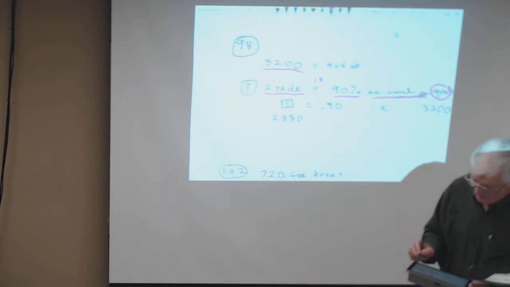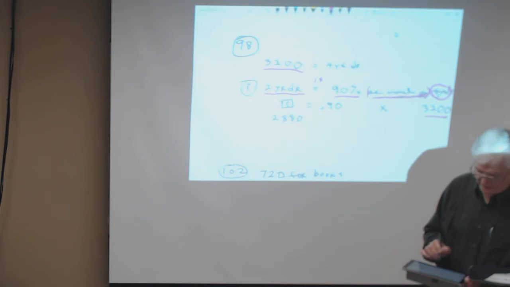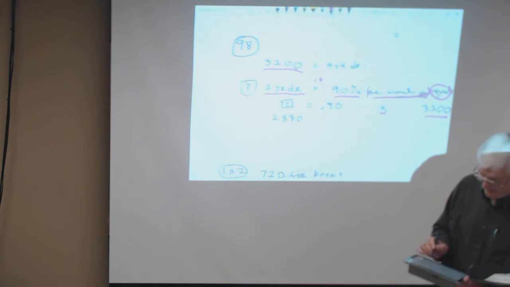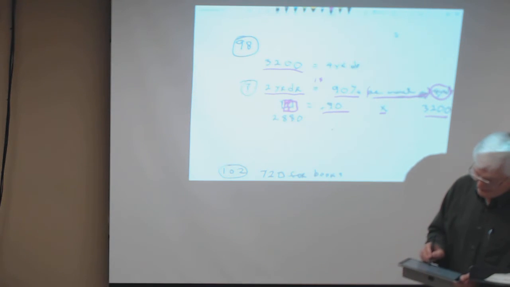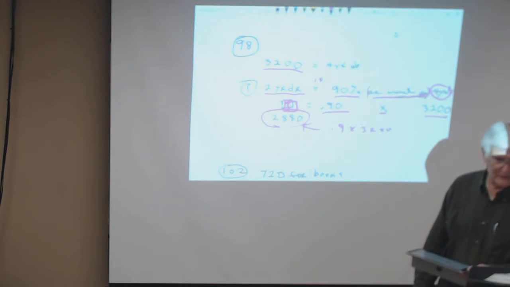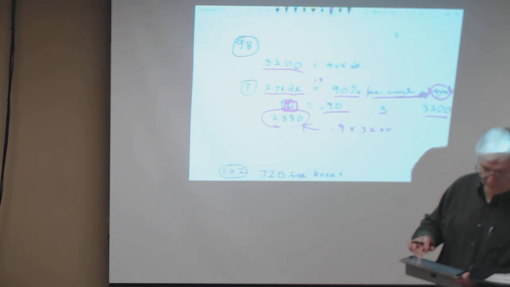So what's the 4-year college? 3,200. How do we translate as much as? Times. So now you have 90% is 0.90 times 3,200 equals my empty box. So that means I would take 0.9 times 3,200, and I would get this for an answer. 2,880. See what's going on? Good. Questions?